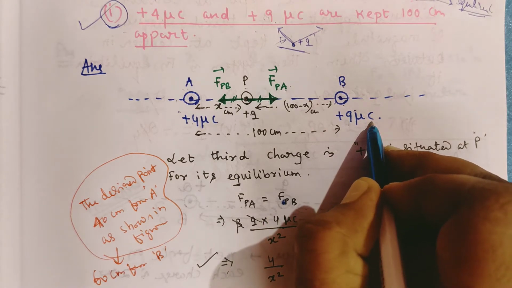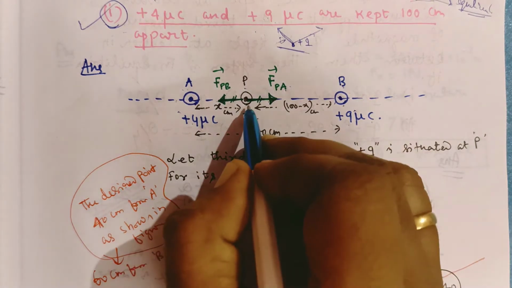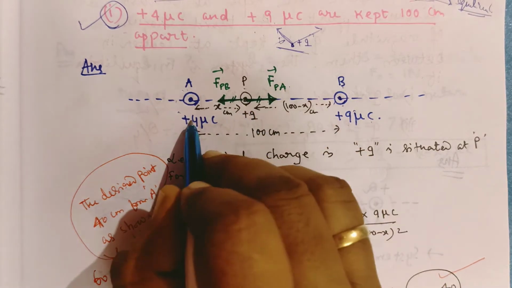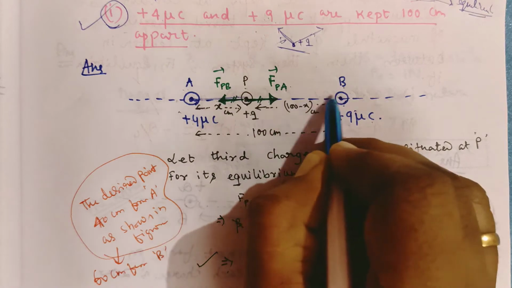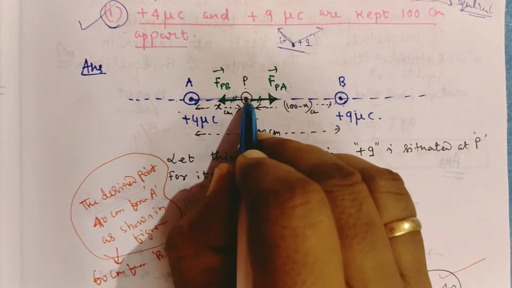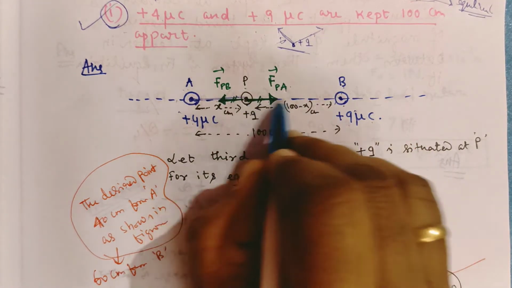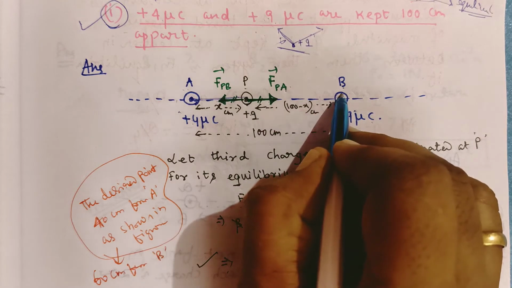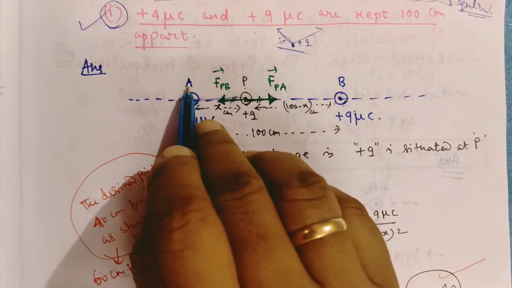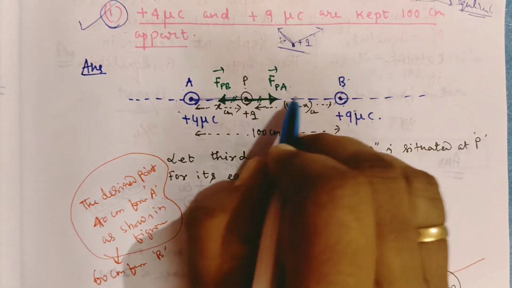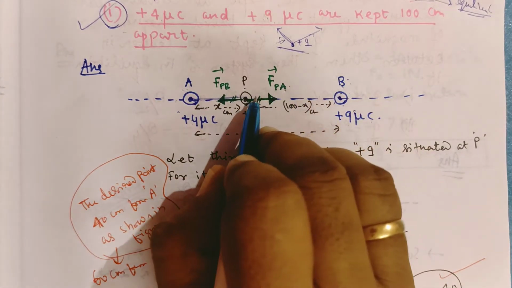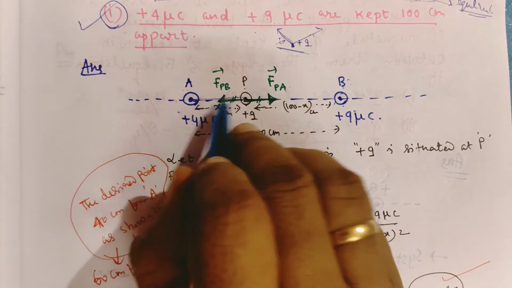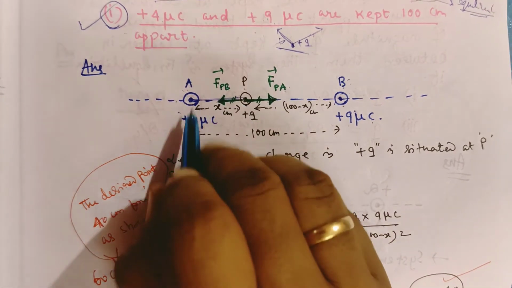So the third charge should be very close to the smaller charge. That means this distance will be smaller and this distance will be larger. How will it happen? After solving the problem, you will get the answer. So keep in mind: if the magnitudes are the same, the point will be exactly the middle point. If different, the answer should be a smaller distance to the smaller charge.